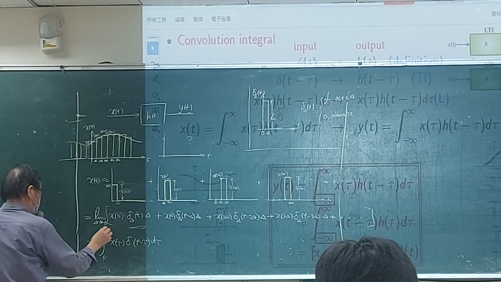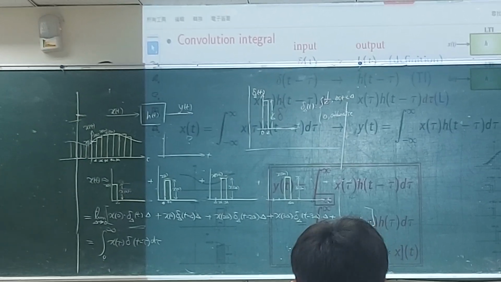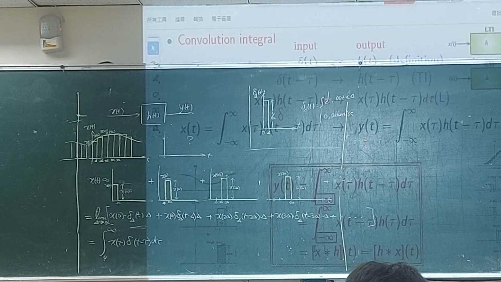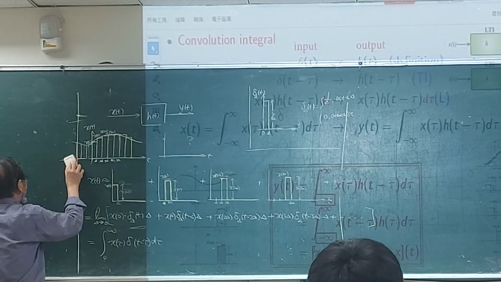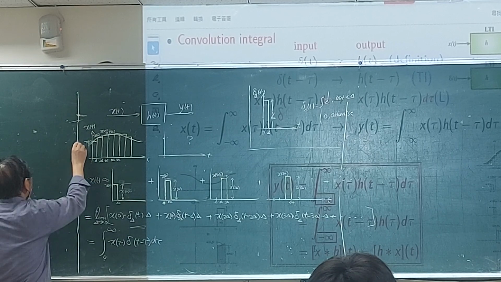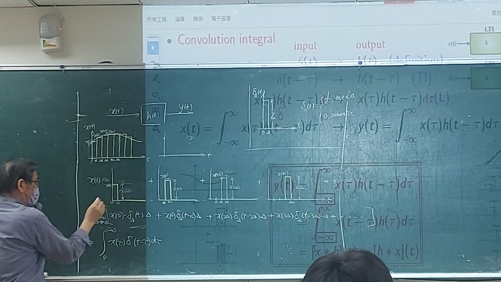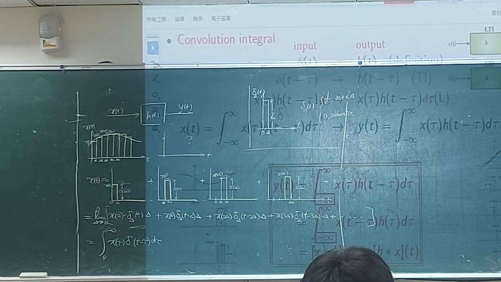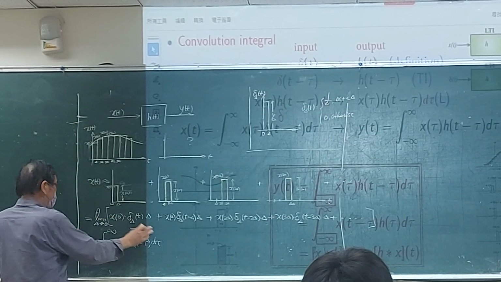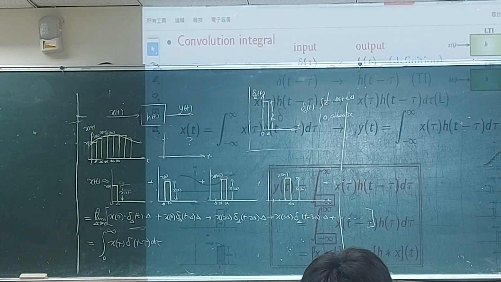It's an assumption, but usually that's the case we are dealing with. So my x of t now is the integral of x of tau times delta of t minus tau d tau.